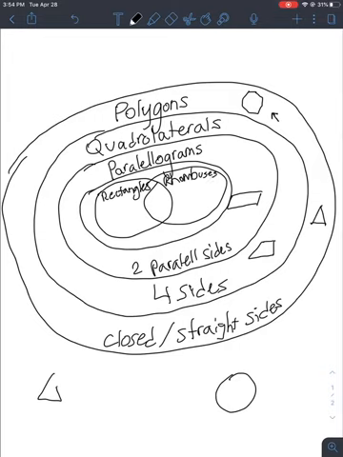Okay, so rhombuses are parallelograms with 4 equal sides. And of course, these rhombuses have closed straight sides, they have 4 sides, they have 2 parallel sides, and then they also have 4 equal sides. So something like a rhombus would look something like this.